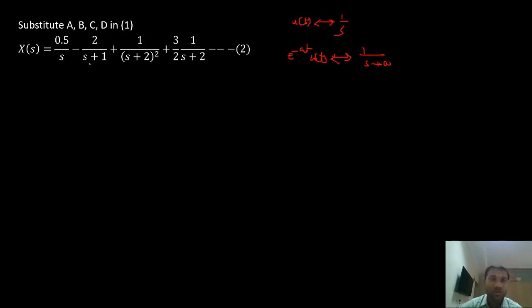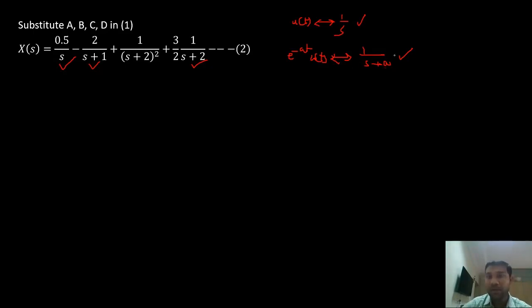These two we know. So this form is covered in this, and this is also covered in this. The first term is covered here. Now we have 1 by s plus 2 whole square.